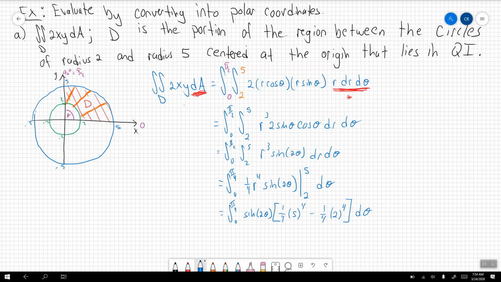Next we subtract out 2 to the power of 4, divided by 4, and we should get 609 divided by 4. So this is going to be 609 divided by 4 multiplied by sine of 2 theta d theta.